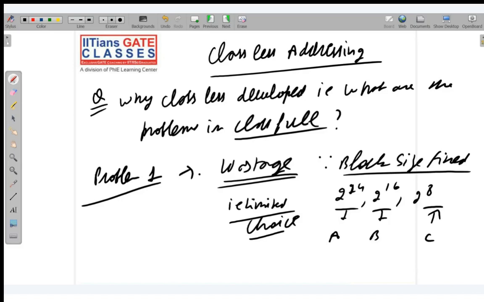That is, a block can be given to 2, 4, 8, 16 organizations. Power of 2 means 2, 4, 8, 16 and so on.